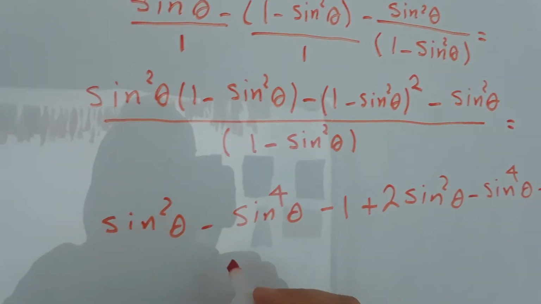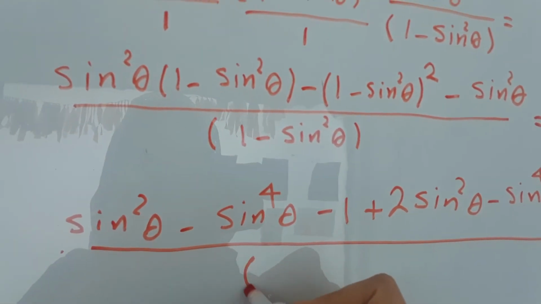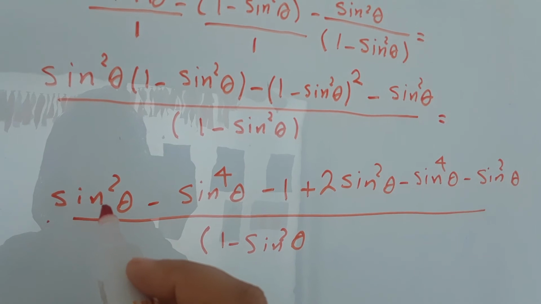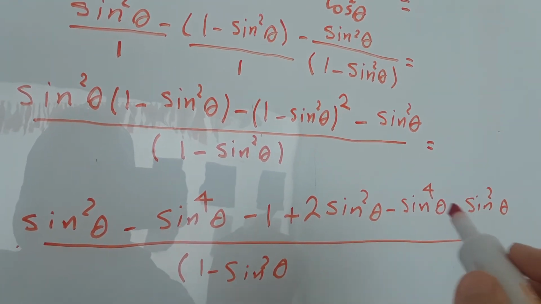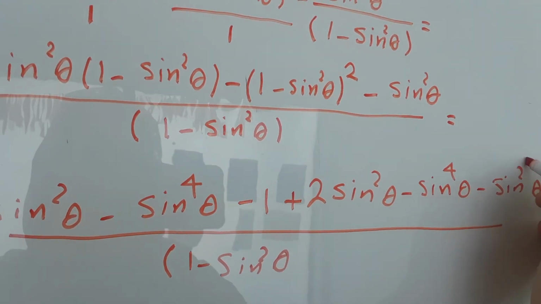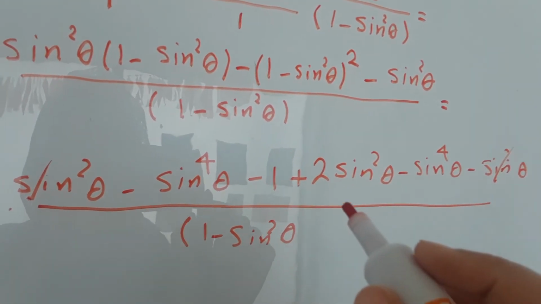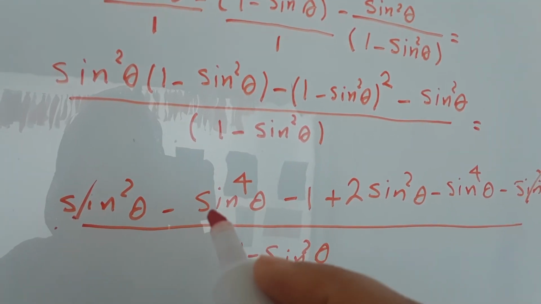Now I have lots of like terms in the numerator that I need to simplify. See, here is sine power 2, 2 sine power 2, and negative, so this one is canceled with that one. I just did that quickly. Sine power 4 negative and sine power 4 negative.